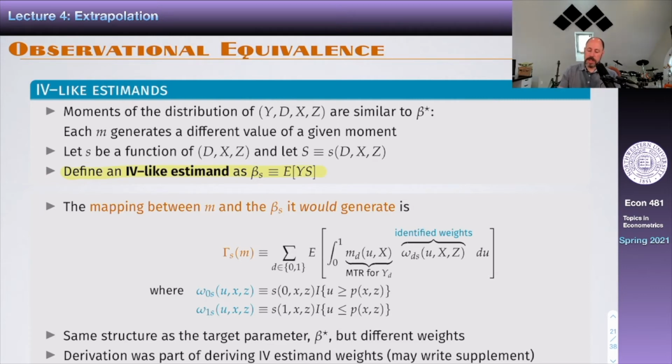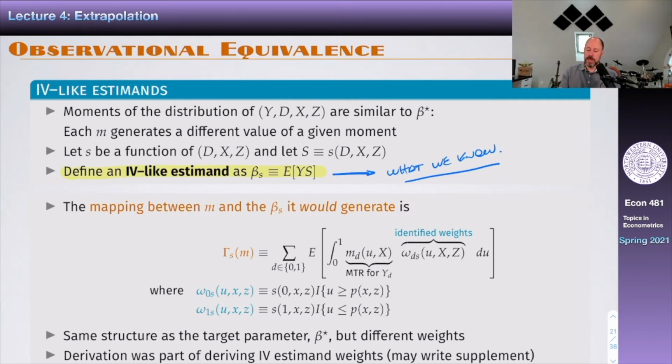This is the part in the paper that is called what we know. Meaning you can grab your data and you can do least squares. You can grab your data and you can do IV. You can always do these things. These are just moments of the data.